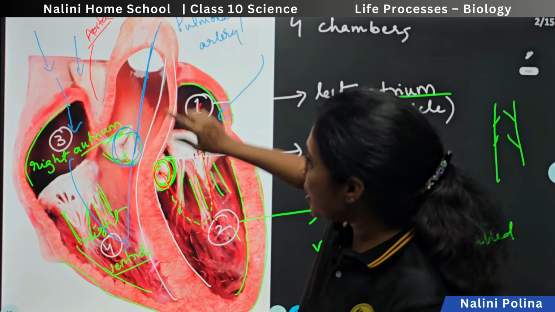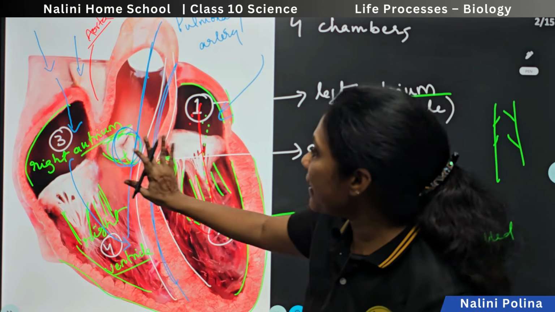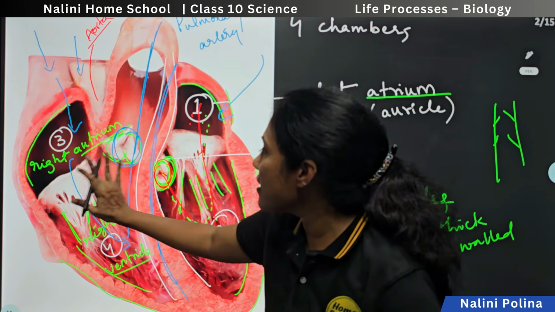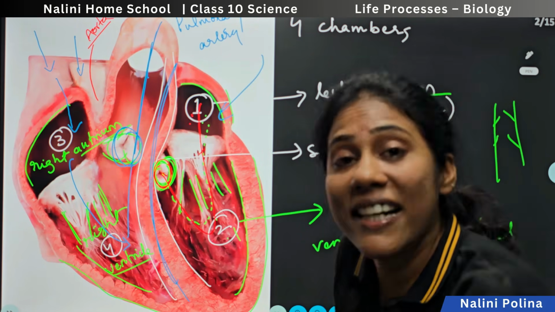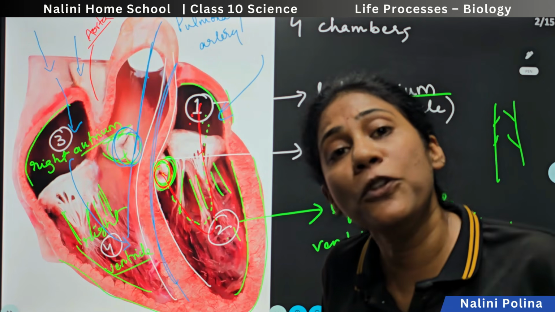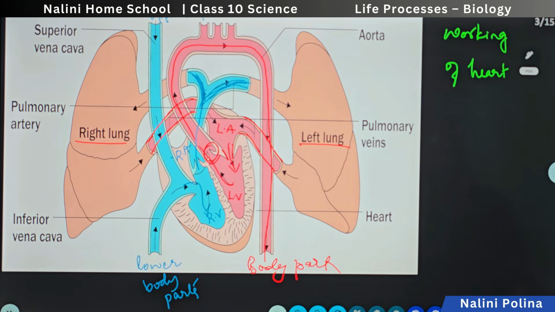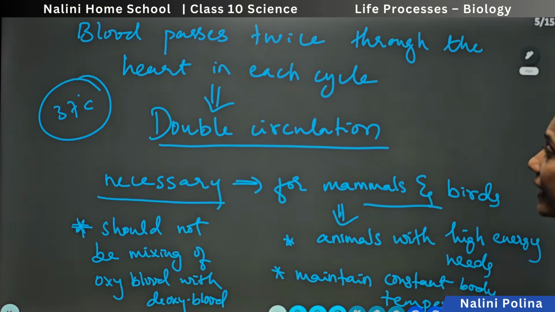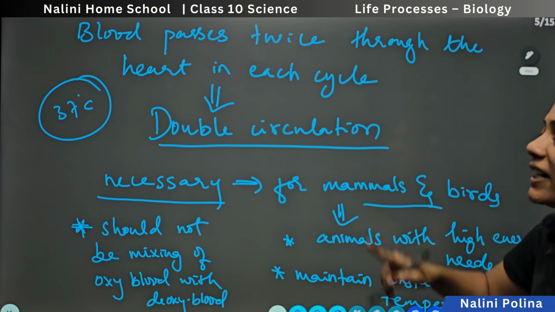If this separation is not there, our oxygenated blood can get mixed up with the deoxygenated, and the efficient supply of oxygen will stop. So when oxygen is not efficiently supplied to body cells, we cannot maintain constant body temperature. So that is why there is a need for double circulation.